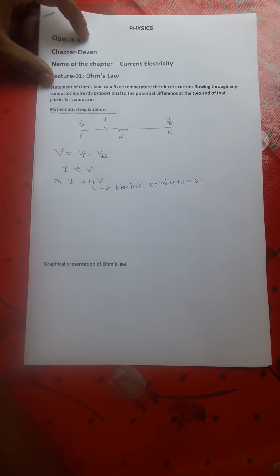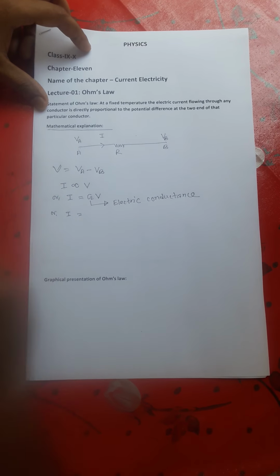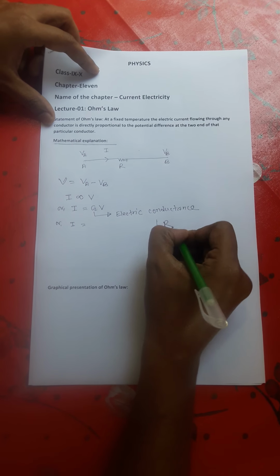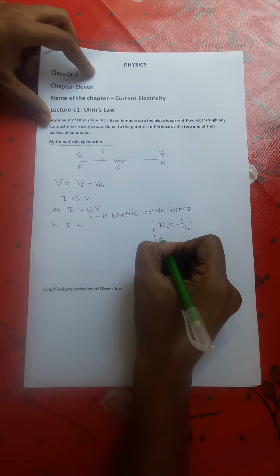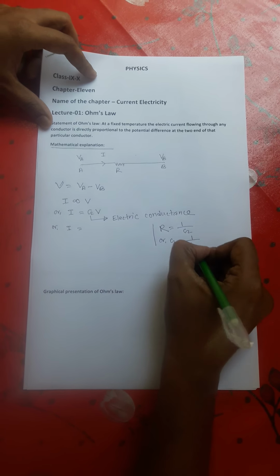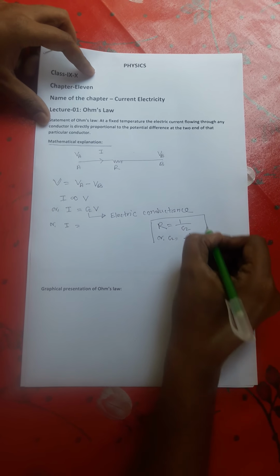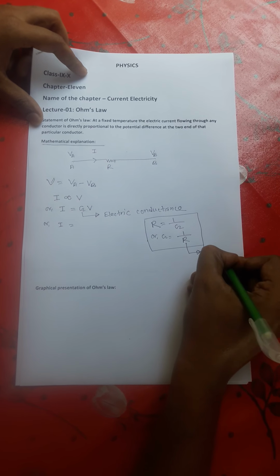The opposite property of electric conductance is resistance. So resistance will equal 1 by conductance, or conductance will equal 1 by resistance. Here R is called resistance.